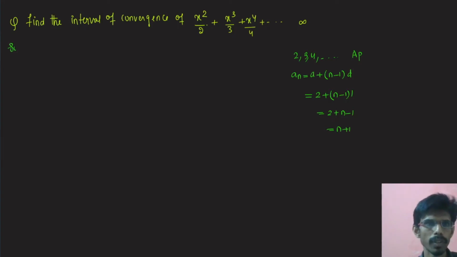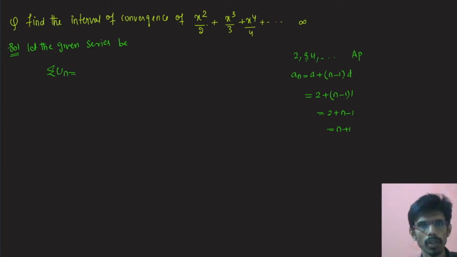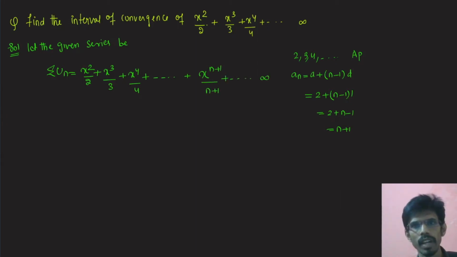So the given series can be written as: let the given series be sigma un is equals to x square by 2 plus x power 3 by 3 plus x power 4 by 4 plus and so on, plus x power of n plus 1 by n plus 1 plus and so on up to infinite.